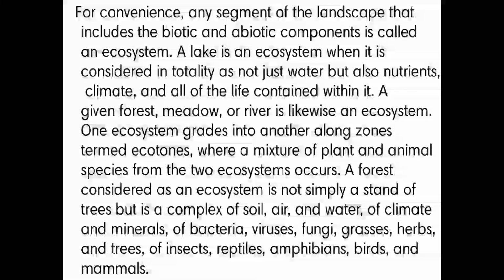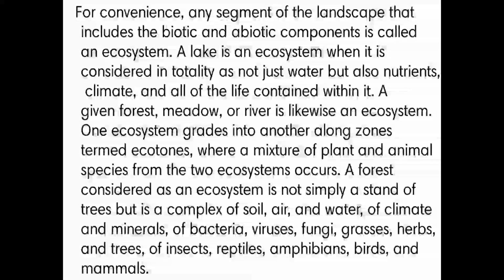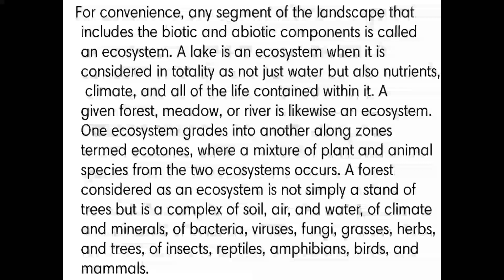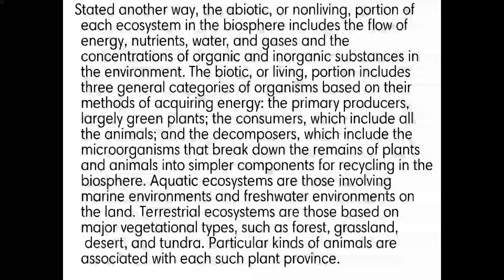One ecosystem grades into another along a zone termed ecotone, where a mixture of plant and animal species from the two ecosystems occurs. A forest considered as an ecosystem is not simply a stand of trees, but is a complex of soil, air, water, climates, minerals, bacteria, viruses, fungi, grasses, herbs, trees, insects, reptiles, amphibians, birds, and mammals.